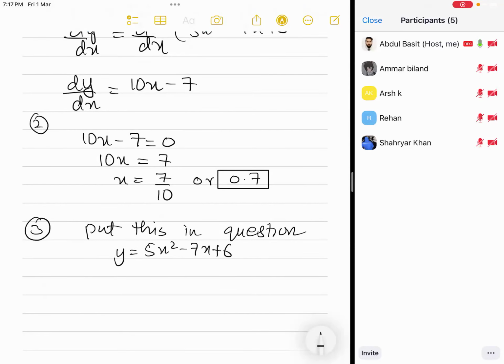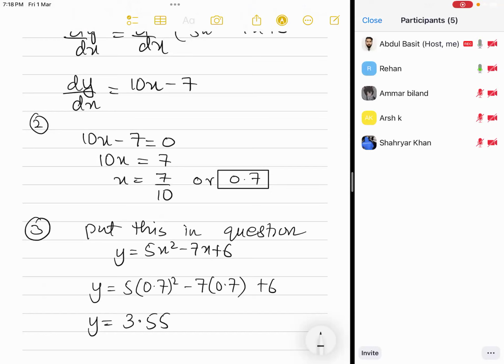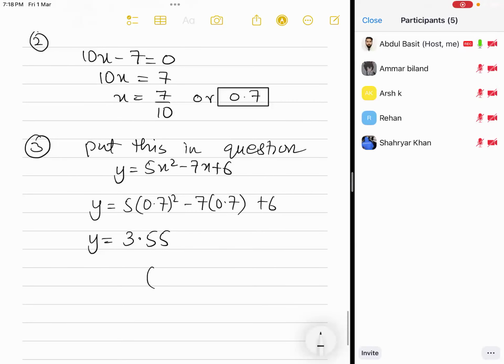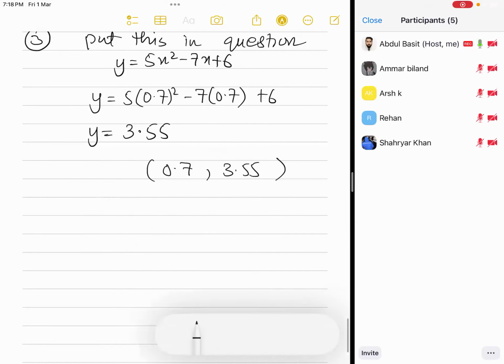Rehan, the question was y equals 5x square minus 7x plus 6. So put x equals 0.7. So y is equal to 5 bracket 0.7 square minus 7 into 0.7 plus 6. Rehan, tell me what is the answer in the calculator. 3.55. So the coordinate of the turning point is x equals 0.7 and y equals 3.55.